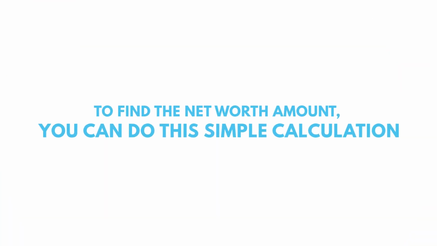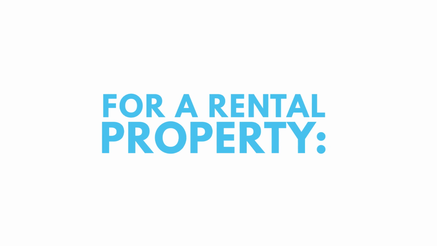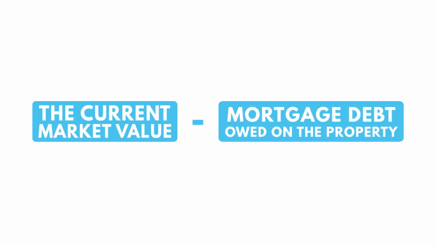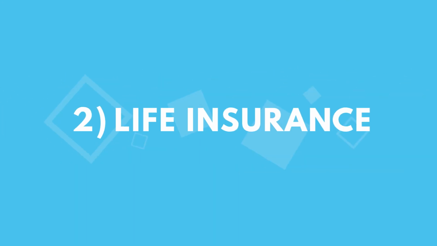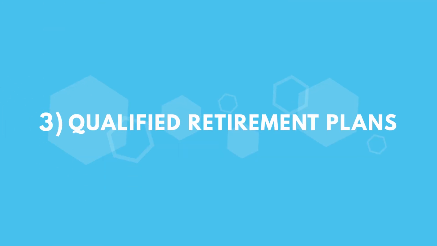To find the net worth amount, you can do this simple calculation. For a rental property, current market value minus mortgage debt owed on the property equals net worth. Remember, do not include property value of your parents' current residence, life insurance, qualified retirement plans.